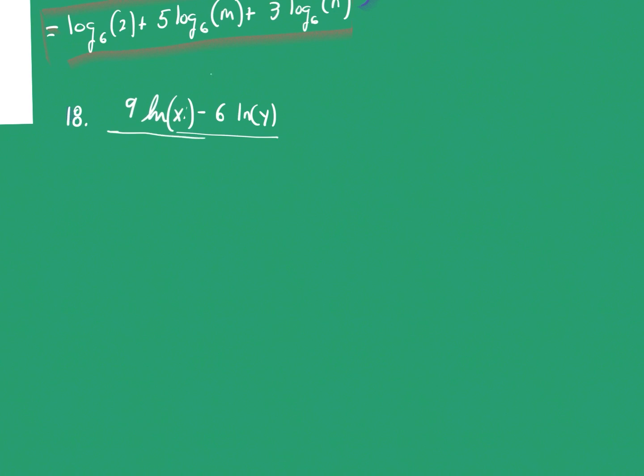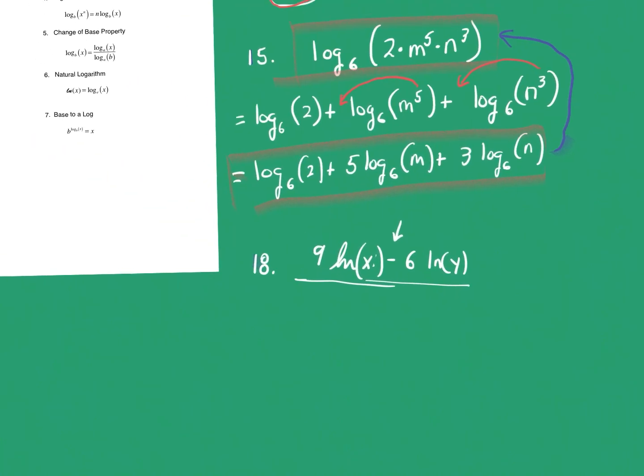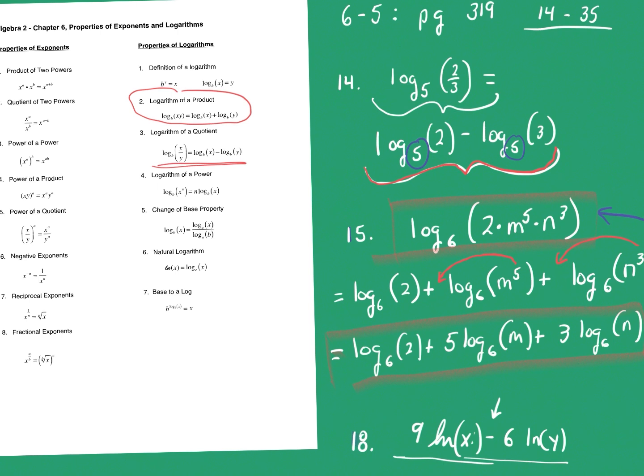Well, we have a minus sign here. And if you look on your property sheet, that is where we want to use the logarithm of a quotient, because we have a minus sign. So if we're looking at our sheet here, when we have a minus sign, that's going to give us a quotient.